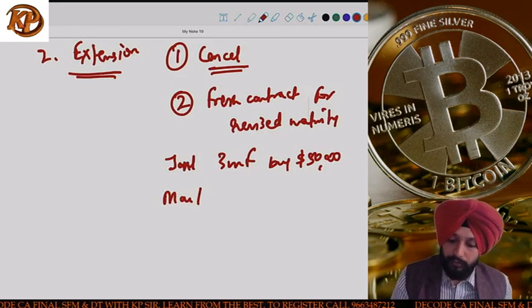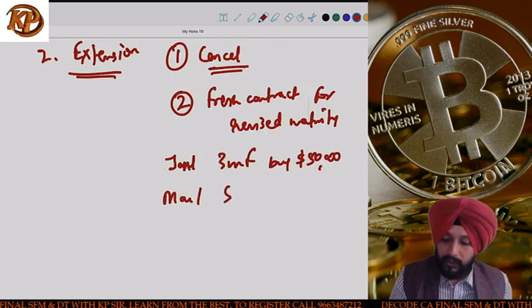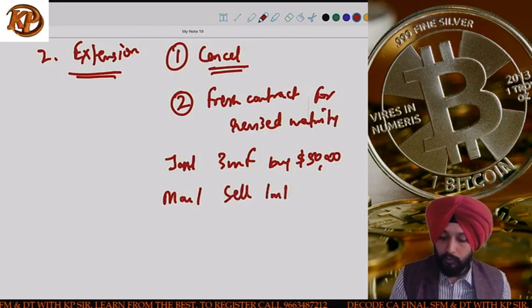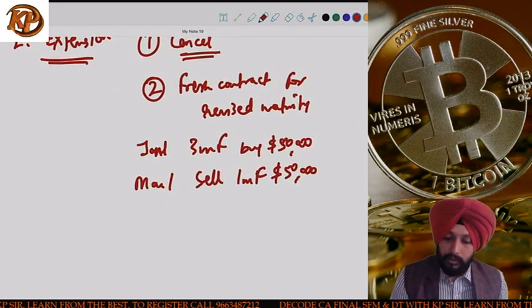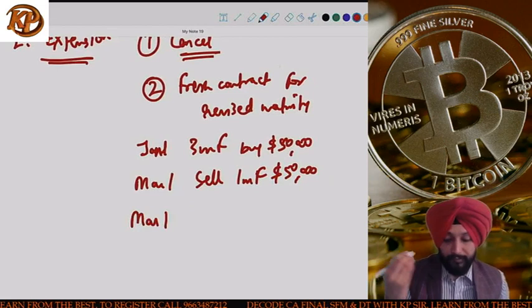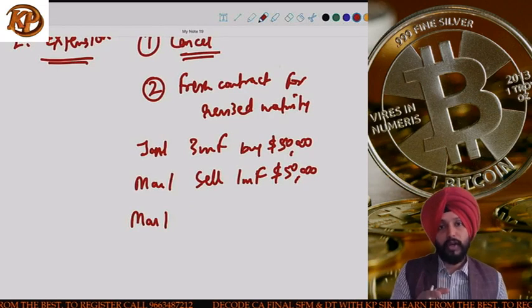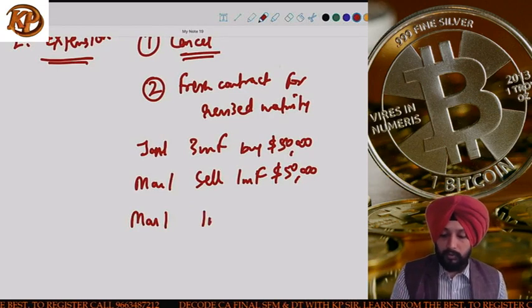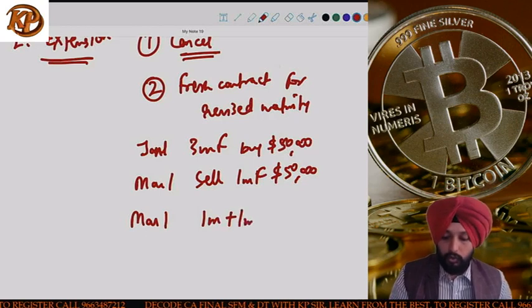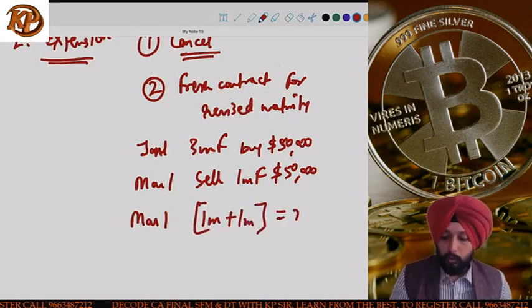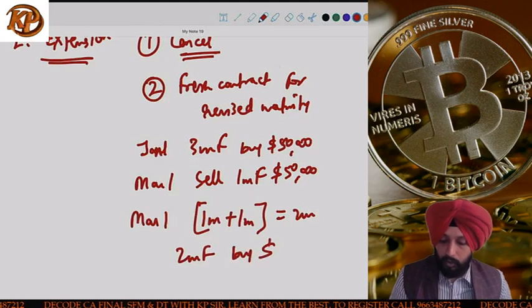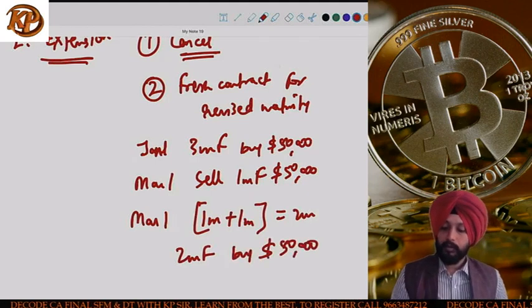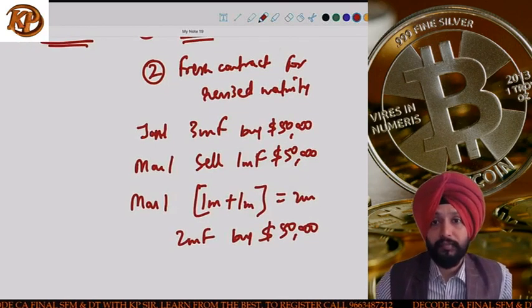So on March 1 first, what you will do, sell 1 month forward $50,000. This cancellation is done, and on March 1 take a fresh contract. So from March 1 to April 1 is 1 month, and 1 month extension you want, so total is now 1 month plus 1 month, 2 months. So what you will do is 2 months forward buy $50,000.